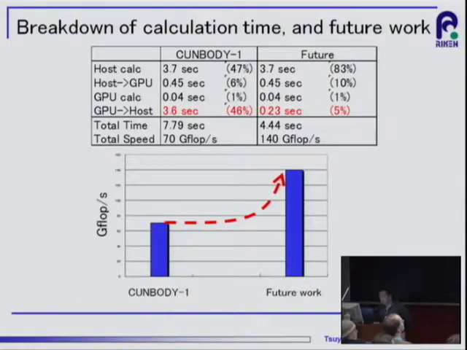In the current library, the reduction of forces from all 16 blocks is done by the host computer. So the bottleneck of the library is the communication between the host computer and GPU. If we can improve our library to do the reduction operation on GPU, the performance will become 140 gigaflops, maybe.